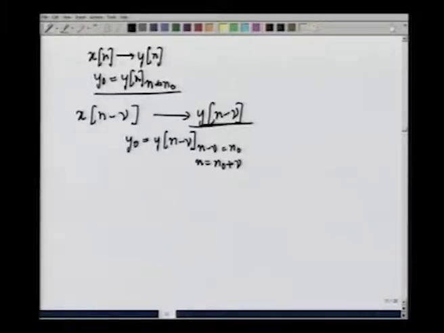Now, going further to generalize for the case of higher order systems described by higher order difference equations, it is simply this: all the time instants at which the different auxiliary conditions have been specified must be shifted by the same amount, namely nu, in the same direction as the input has been shifted.